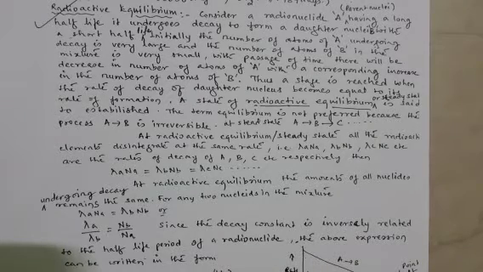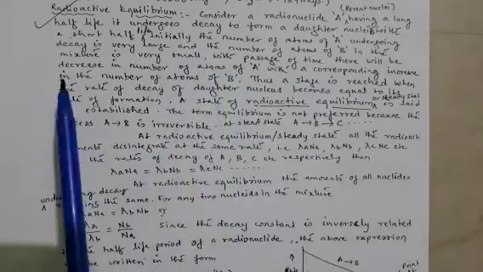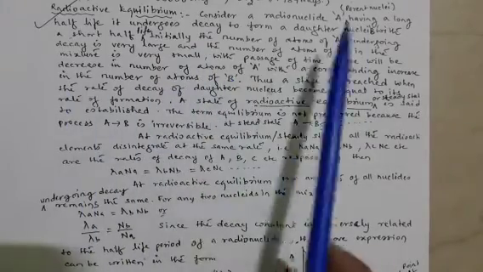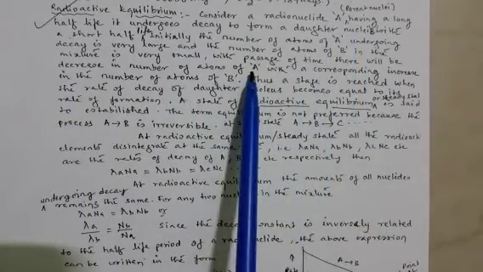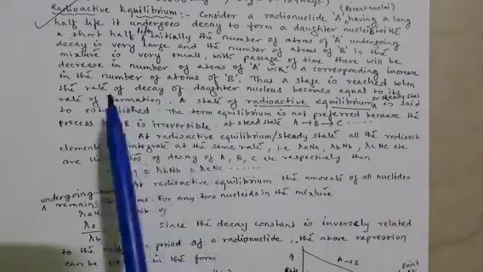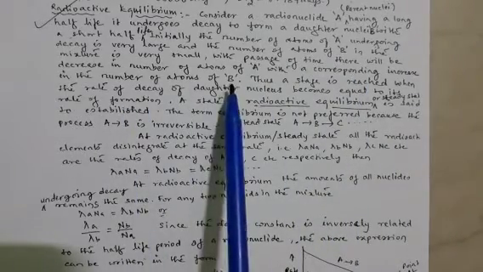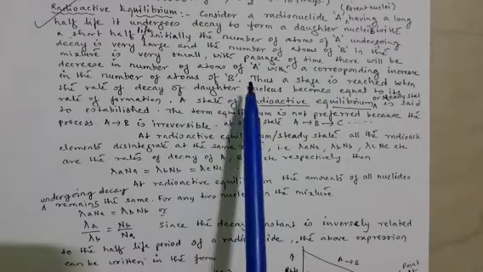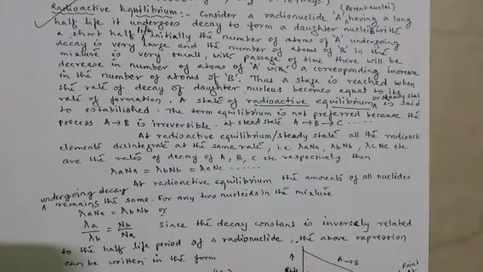As the disintegration continues with time, there will be a decrease in the number of atoms of the parent nuclei A with an increase in the number of daughter nuclei B. We know that when a reaction proceeds, the concentration of the reactants goes on decreasing and the concentration of the products goes on increasing.